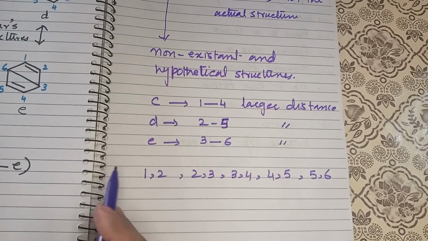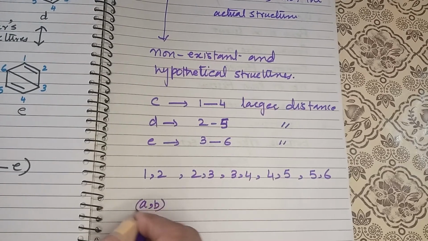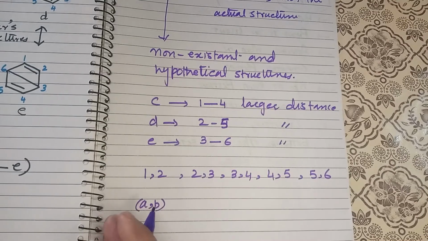Now students, the Kekulé structures, that is structures A and B, have a major contribution towards the actual structure of benzene.